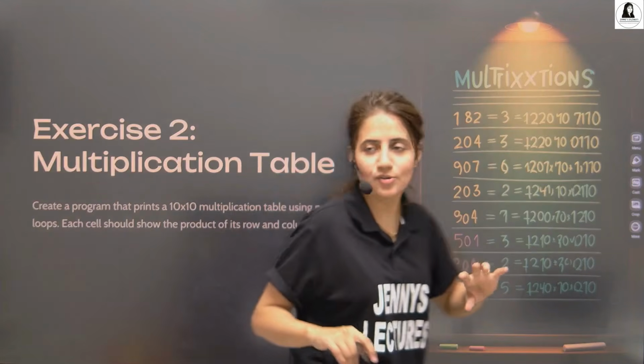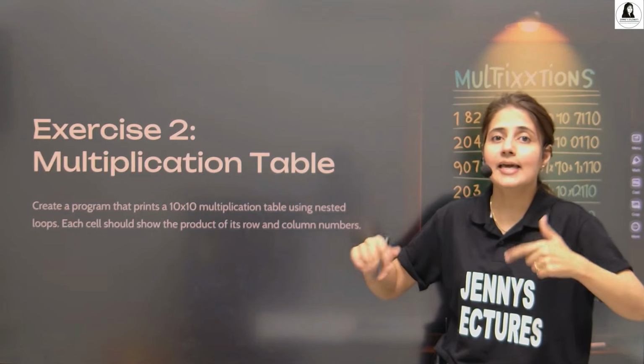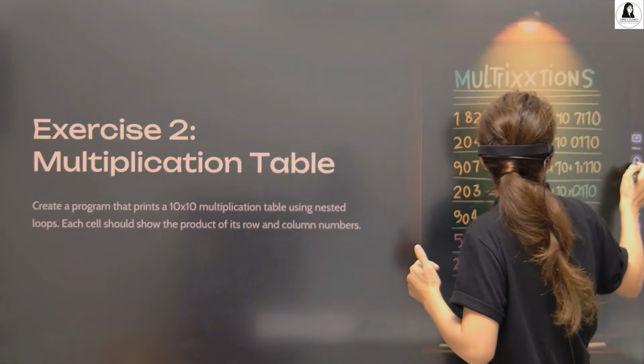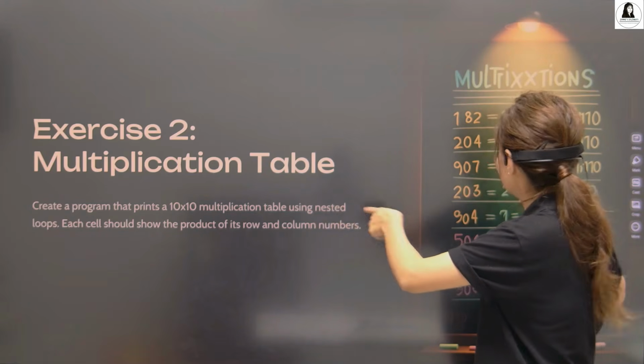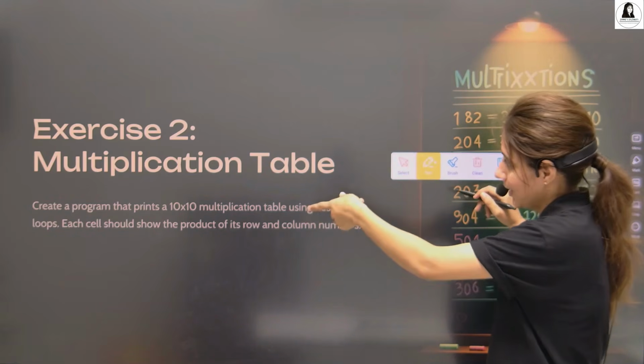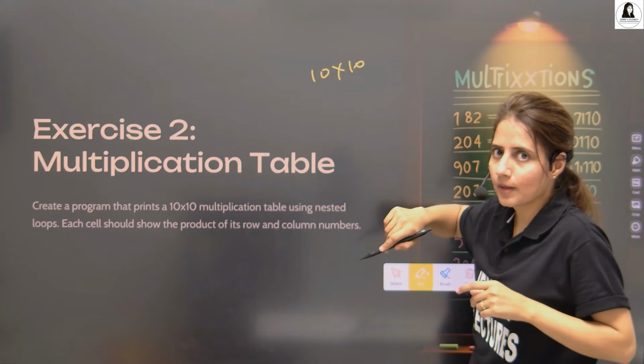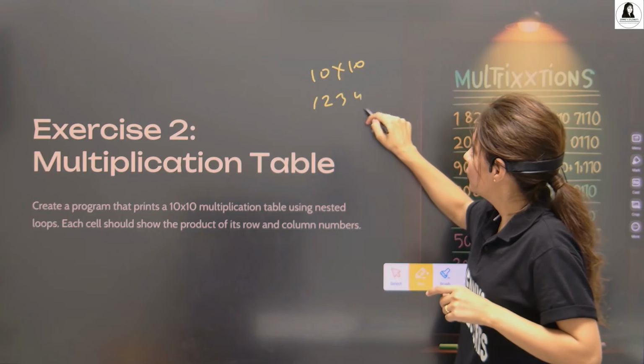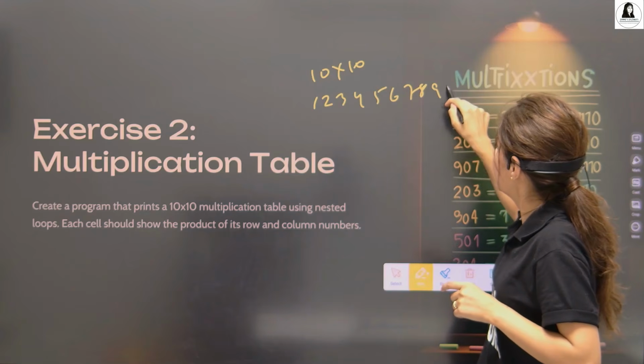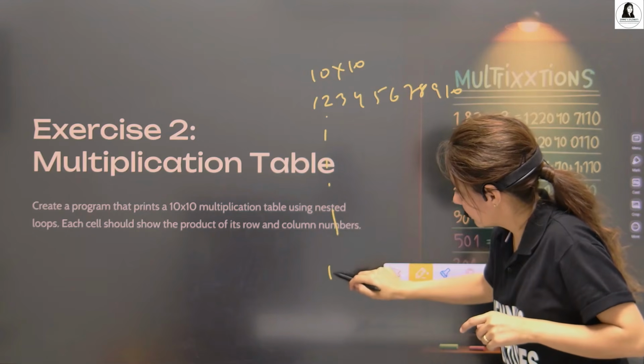And second, you have to print the multiplication table 10 into 10 this time. This thing I guess you can do because we have discussed it already. But the table is 10 into 10, means 1, 2, 3, 4, 5, 6, 7, 8, 9, 10, and here also till 10.